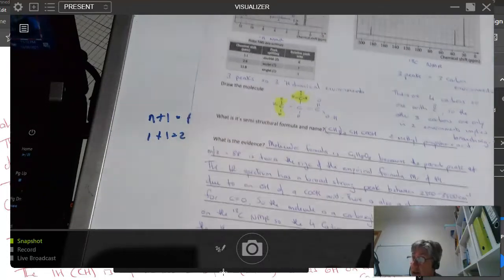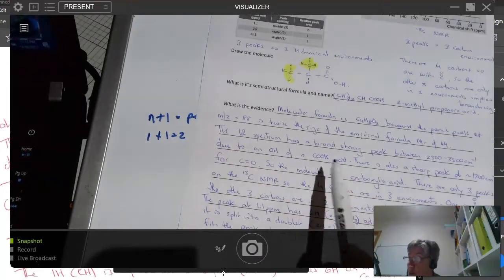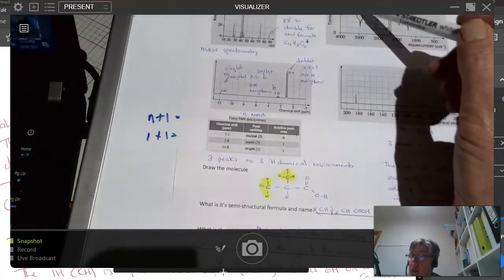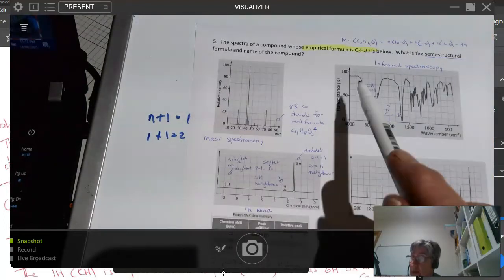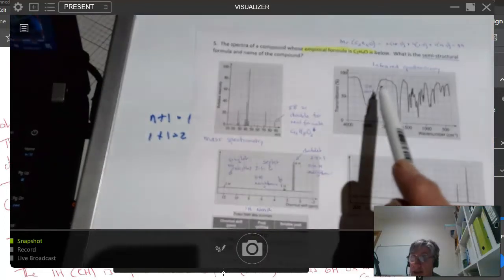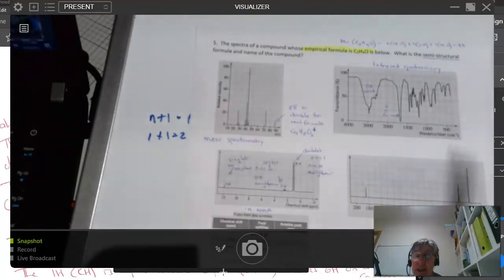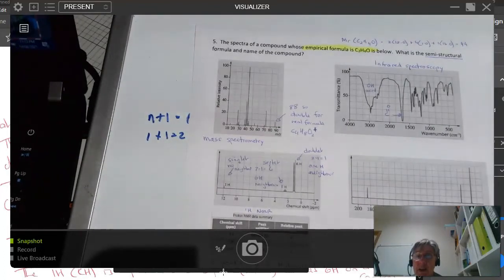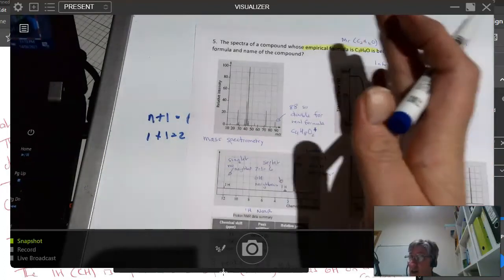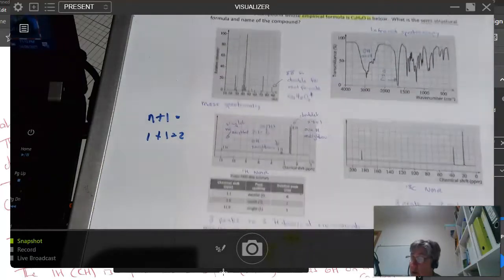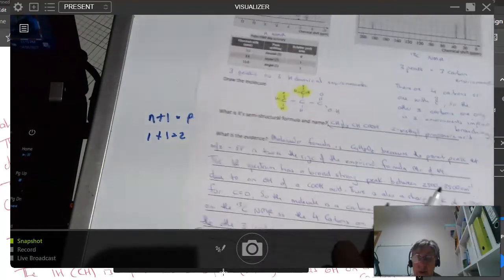And then the IR told us that we had a broad, strong peak, so use the language, a broad, strong peak. And because you know it's a carboxylic acid, quote the range, and it's lower than an alcohol hydroxyl group.